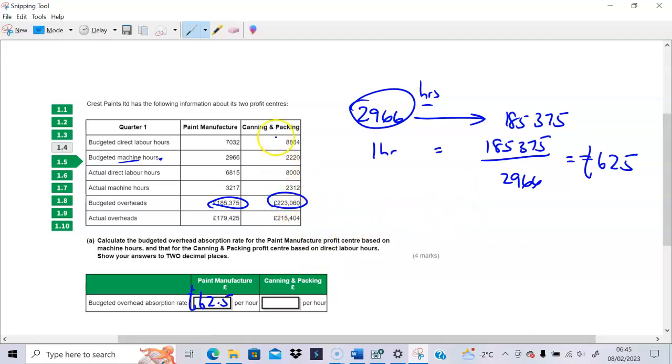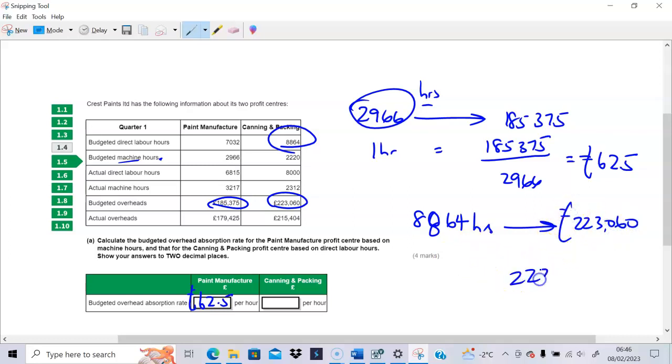And so for canning we argue that the budgeted 8,864 labor hours are causing this overhead of 223,060, which means the average overhead is 223,060 divided by 8,864.